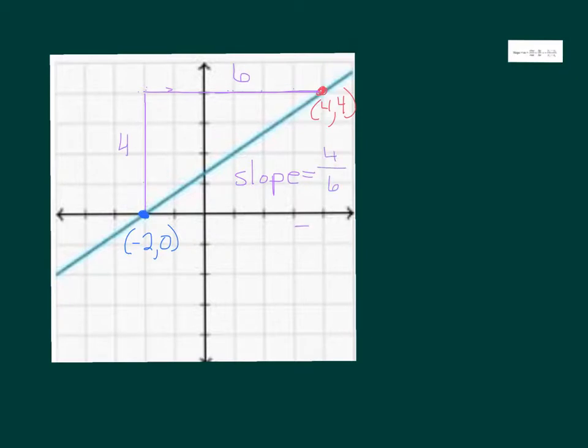We would normally write that in lower terms as 2 over 3. And so going up 2 and over 3 should also get us to a point on the same line. Without a graph of our line and our points, it's still possible to find the slope using the slope equation.